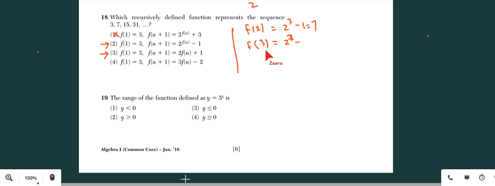Obviously it is not, it is 32, 64, 128. So it is not. So only option 3 is correct.